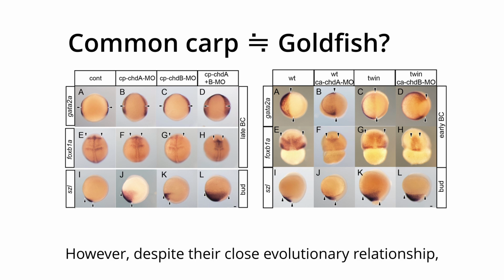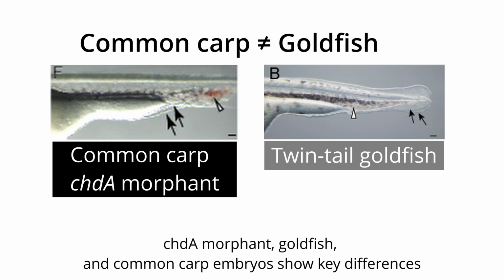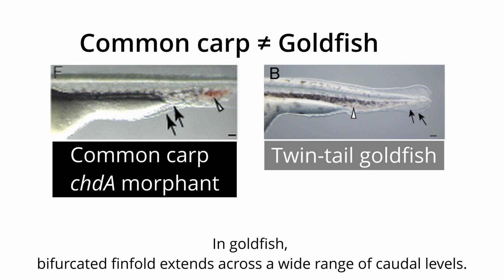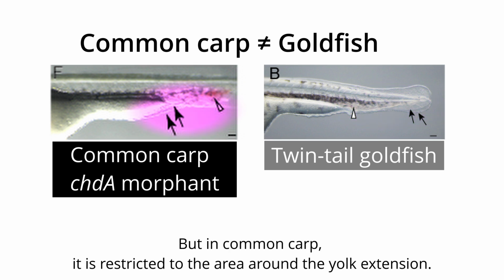However, despite their close evolutionary relationship, coding A morphant goldfish and common carp embryos show key differences in the position of the bifurcated fin fold. In goldfish, the bifurcated fin fold extends across a wide range of caudal levels. But in common carp, it is restricted to the area around the yolk extension.